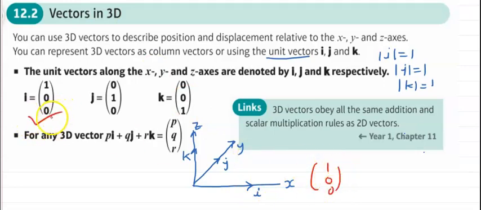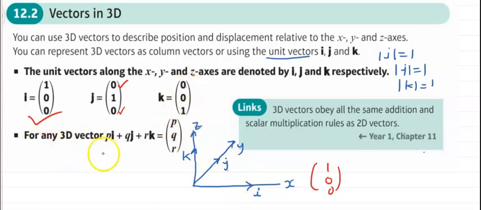Similarly, j is there, but i and k are not, so i is 0, k is 0 and j is 1. For k on the z-axis, both i and j are 0, but k is there, so we can write 0 0 1.